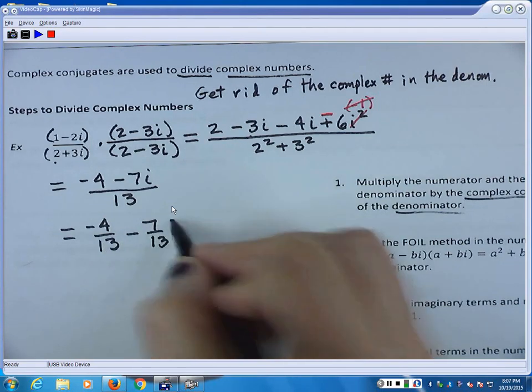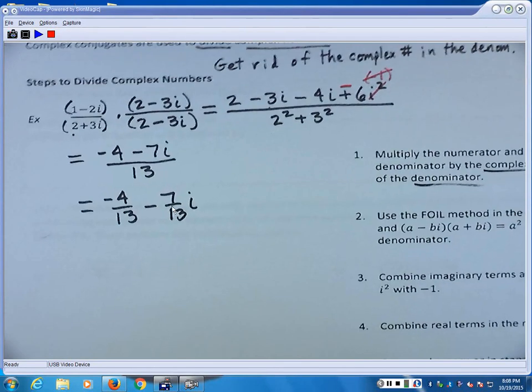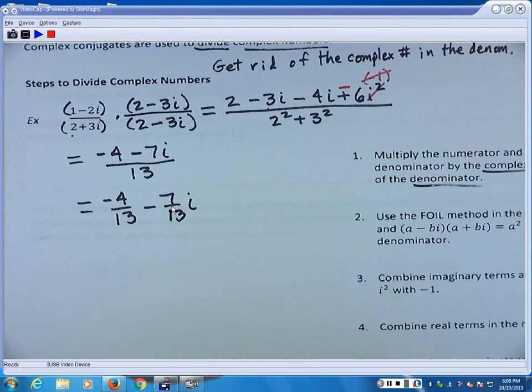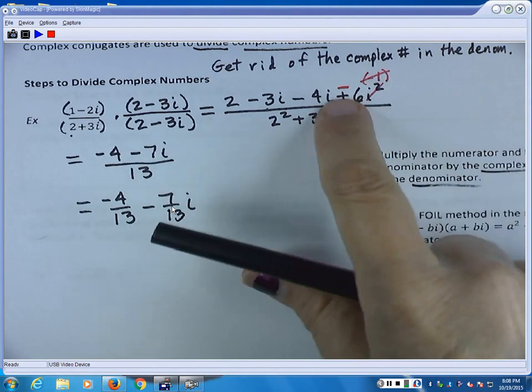And then you can separate that. If I skip too many steps, let me know. I can show you the one where I didn't skip so many steps. But I did the work up there. i squared is negative 1, and then I multiplied that by the 6 and got negative 6.